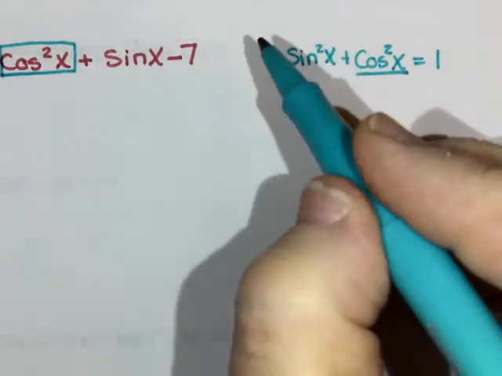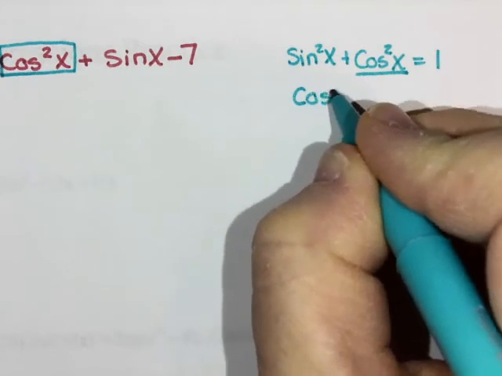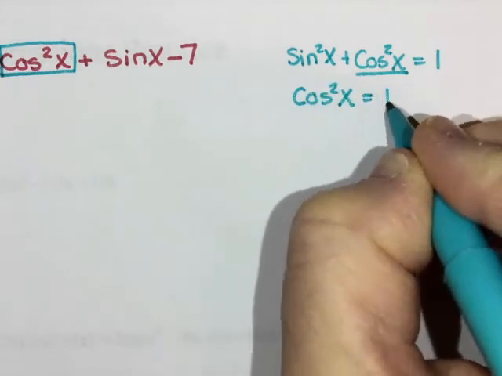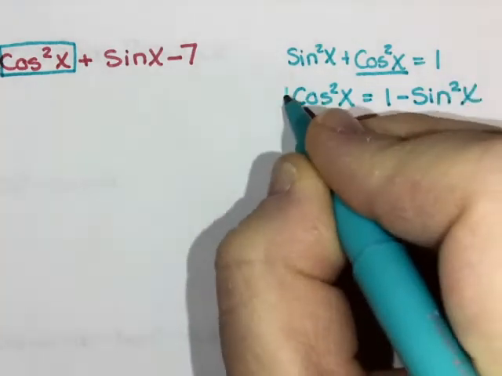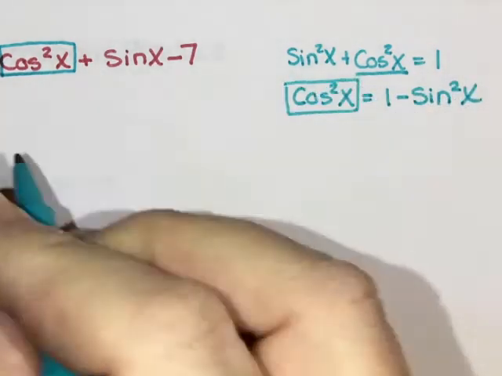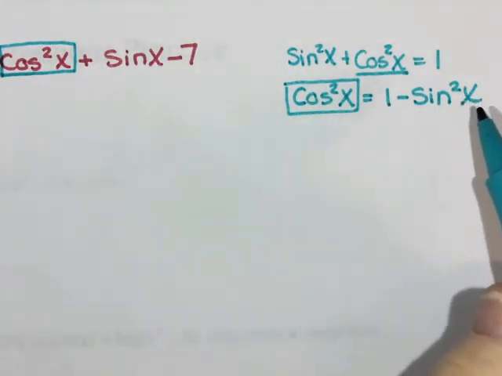So I would subtract sine squared from both sides to get that cosine squared x equals 1 minus sine squared x. So I'm going to take out the cosine squared that I have, and in its place, I'm going to put 1 minus sine squared x.